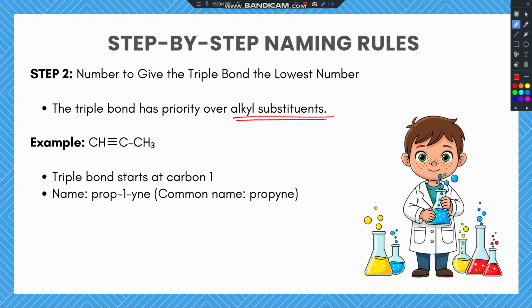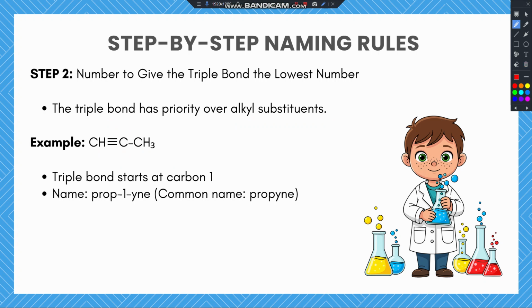So we have this example on the screen. You can see carbon number 1, carbon number 2, and carbon number 3. If we count from the right to the left, we have carbon number 1, 2, and 3. So we will count from the left to the right because this triple bond is given to carbon number 1. If we count from the right to the left, this triple bond would have belonged to carbon number 2. So we're counting from the left to the right.